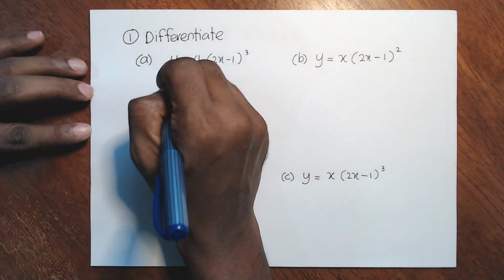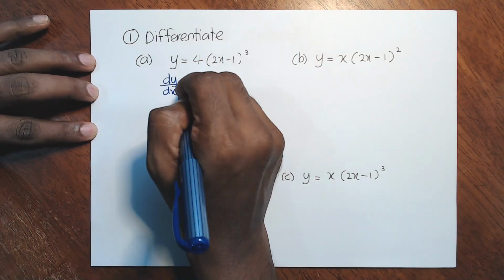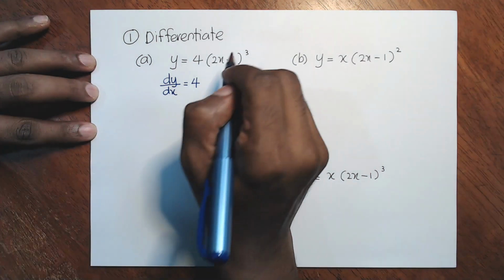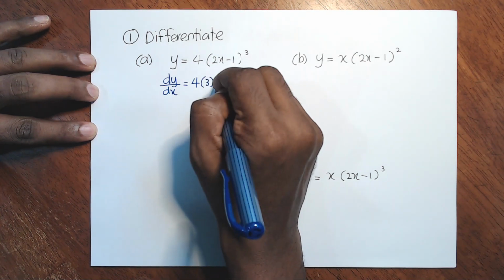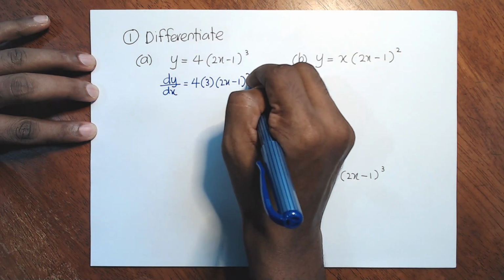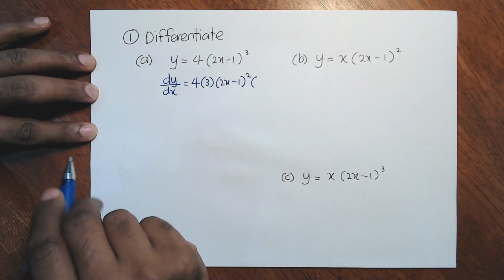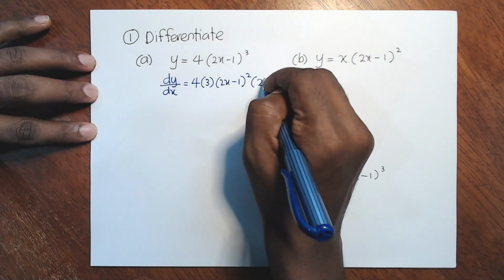So you can straight away do dy/dx equals 4, just leave the 4 there. You can bring the 3 in front, right? (2x minus 1) to the power of 2, and then you have to differentiate the inside. 2x minus 1, you differentiate, you get 2, right?